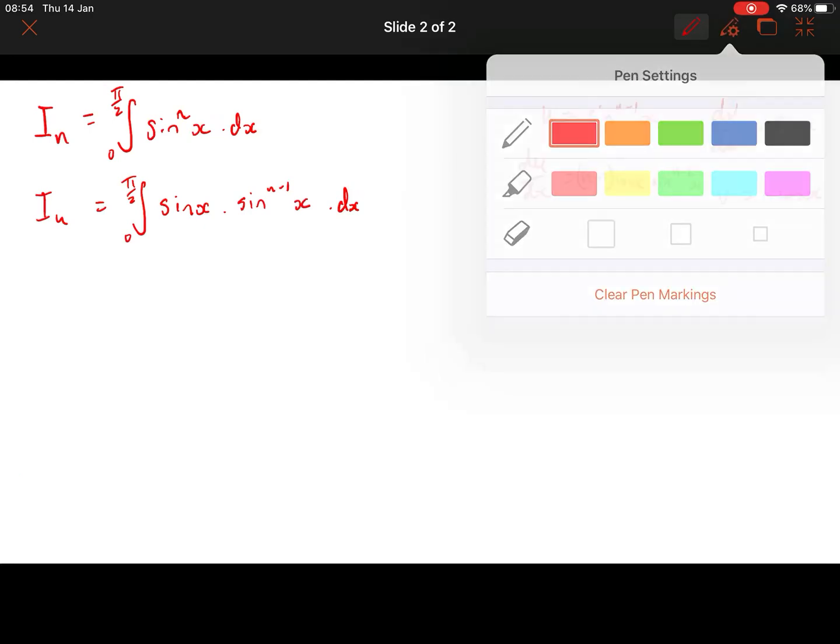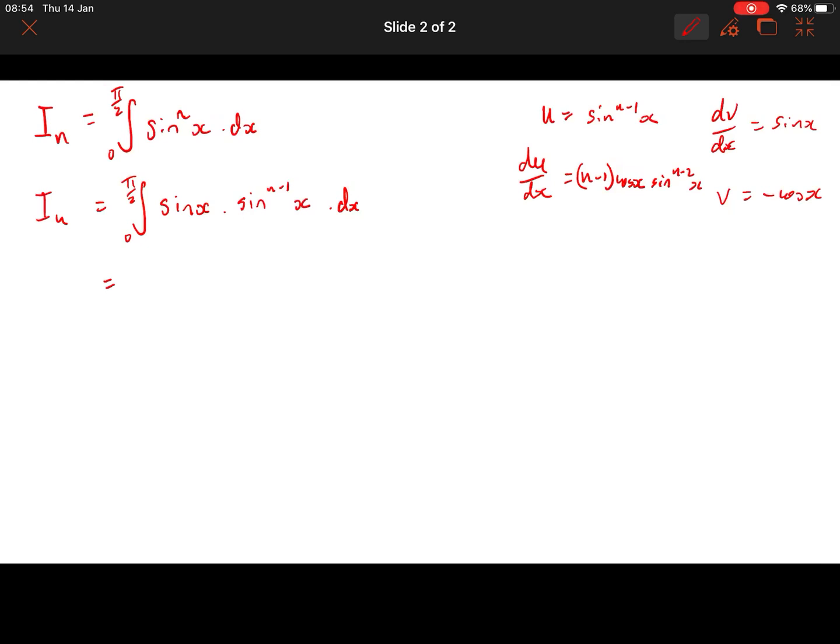Now just applying the formula, this is equal to uv, so that's minus cos x sine to the power of n minus 1 x, minus the integral of v du dx.